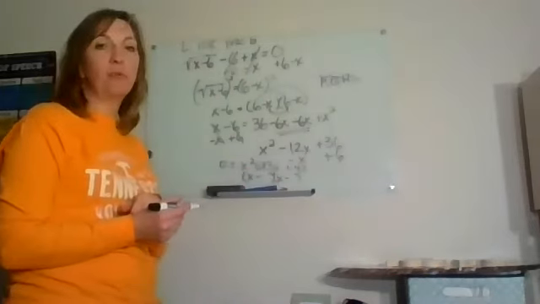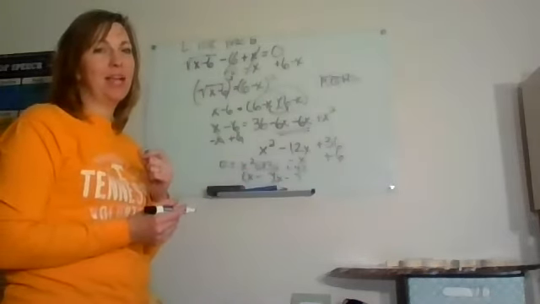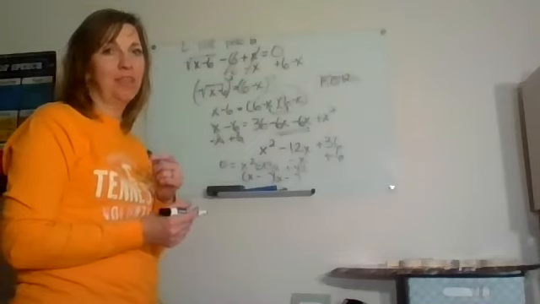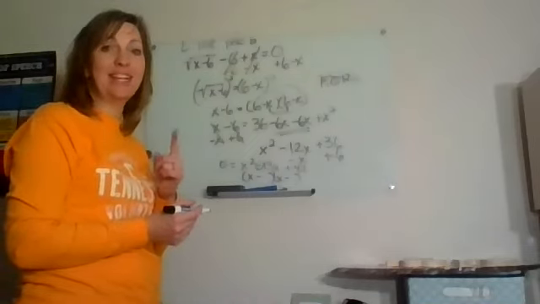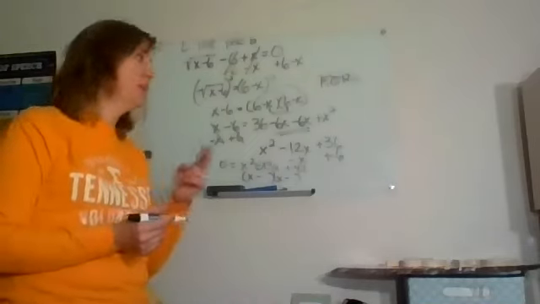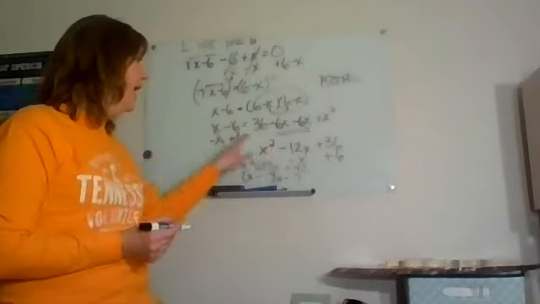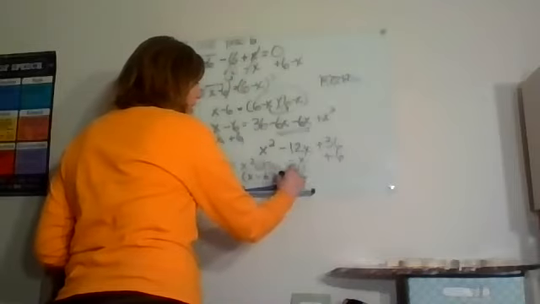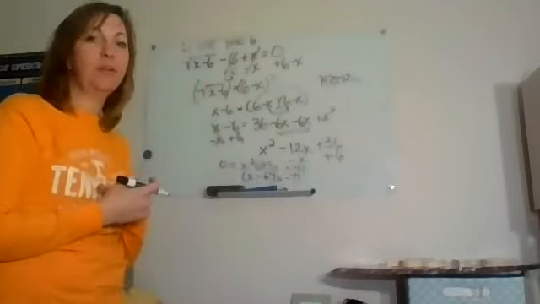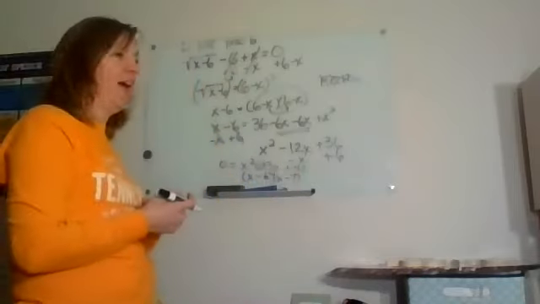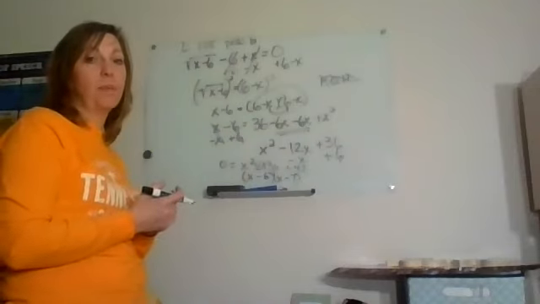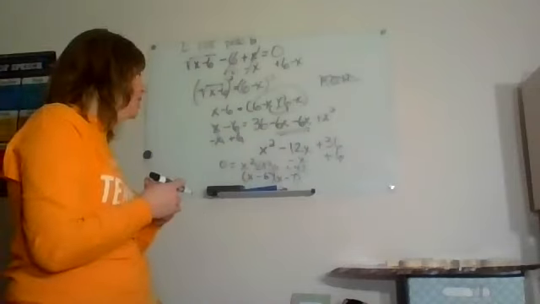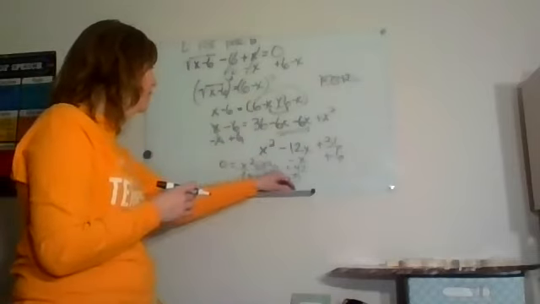What factors of 42 add to make 13? Are you thinking? I hope they pop in your mind pretty quick. 6 and 7, right? 6 times 7 makes 42, and 6 plus 7 add to make 13. So I'm going to write 6 here, 7 here. It doesn't matter really which one I write first, because they're factors, and we know that our properties tell us you can change the order in multiplication and they're still equivalent, right?